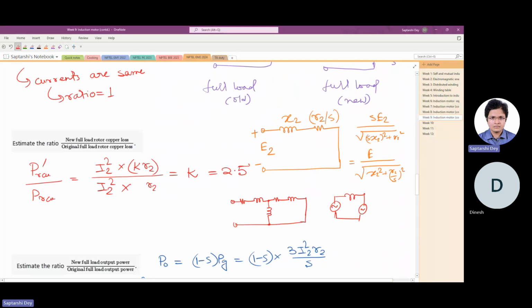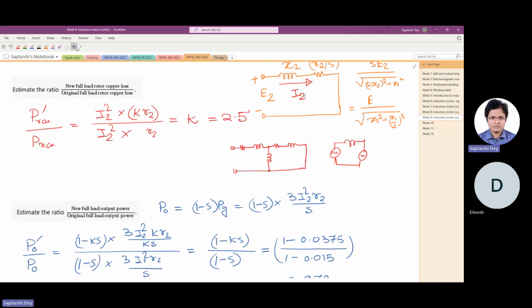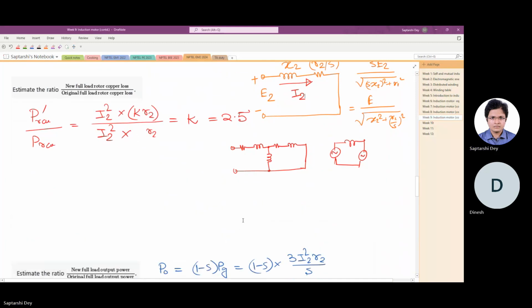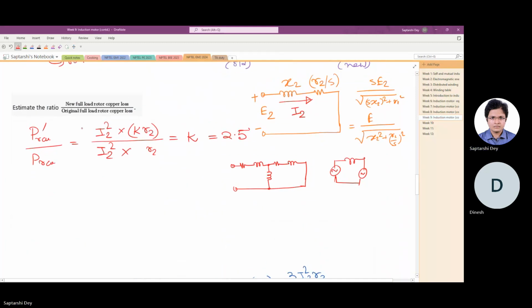Now, you see, before and after doing this jugglery, this I2 value did not change. I2 is still flowing as before. That means I2 is still flowing through a resistance R2.